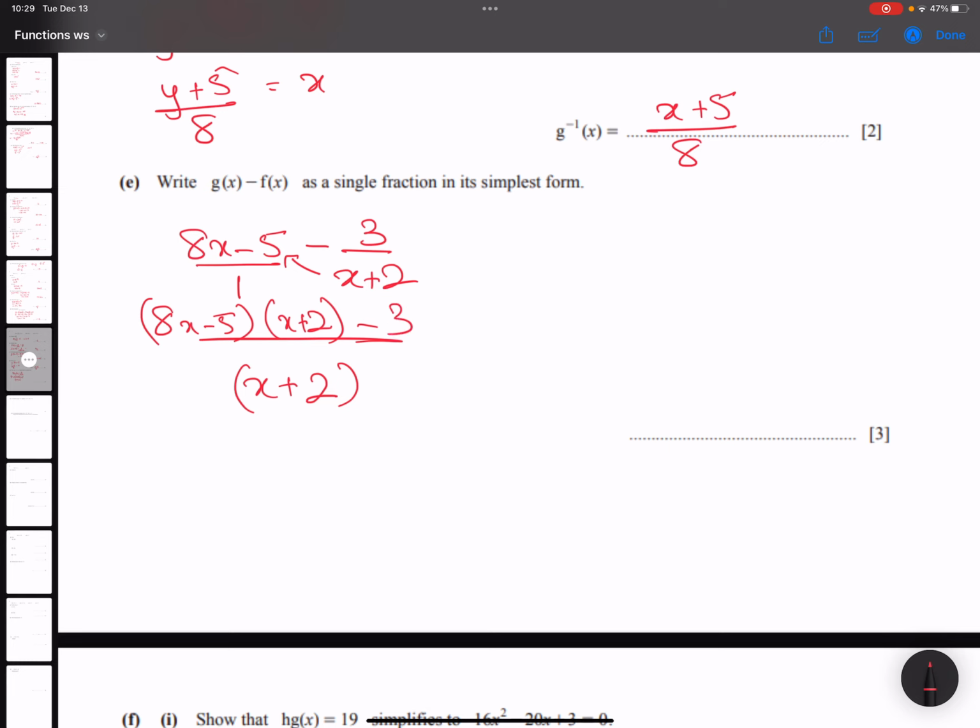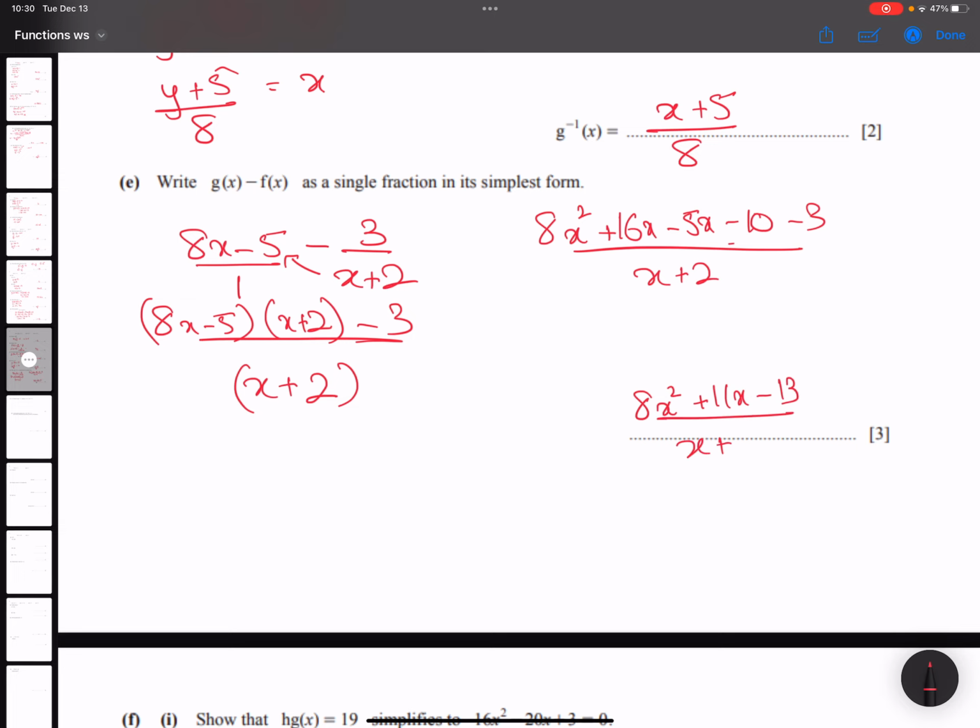Expanding the bracket, that's going to give me 8x squared plus 16x minus 5x minus 10 minus 3 over x plus 2. Then it ends up as 8x squared plus 11x minus 13 over x plus 2.